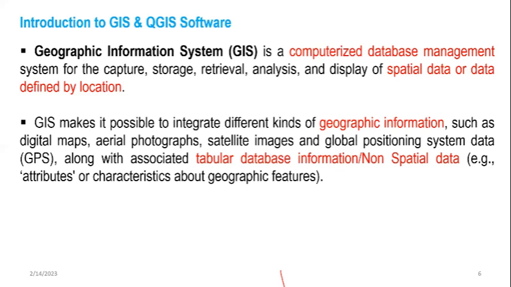Okay, thank you. Just to introduce you quickly to GIS: GIS is an acronym which means Geographic Information System. It's a computerized database management system which is used for capturing and storing information, and it allows you to retrieve that information, carry out analysis and display information that is defined by location.